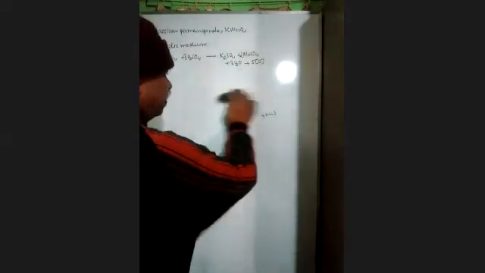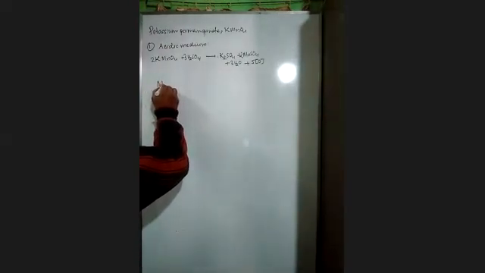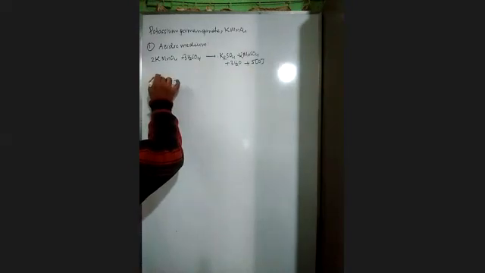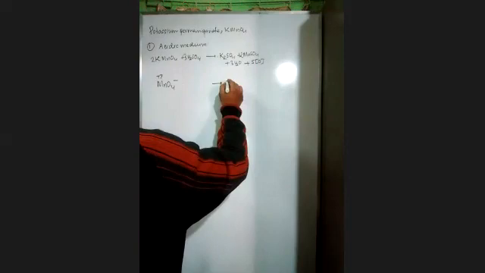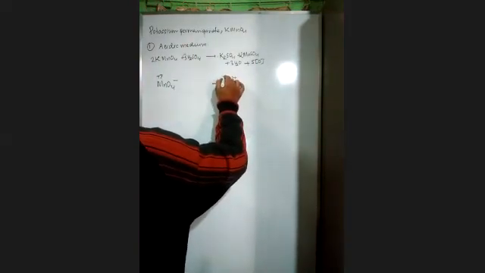Now, if you go for the ion electron method, the life is very simple. See here. MnO4 minus. It is plus 7. What does it give? See, manganese. So it is Mn2 plus. The oxidation state is plus 2.